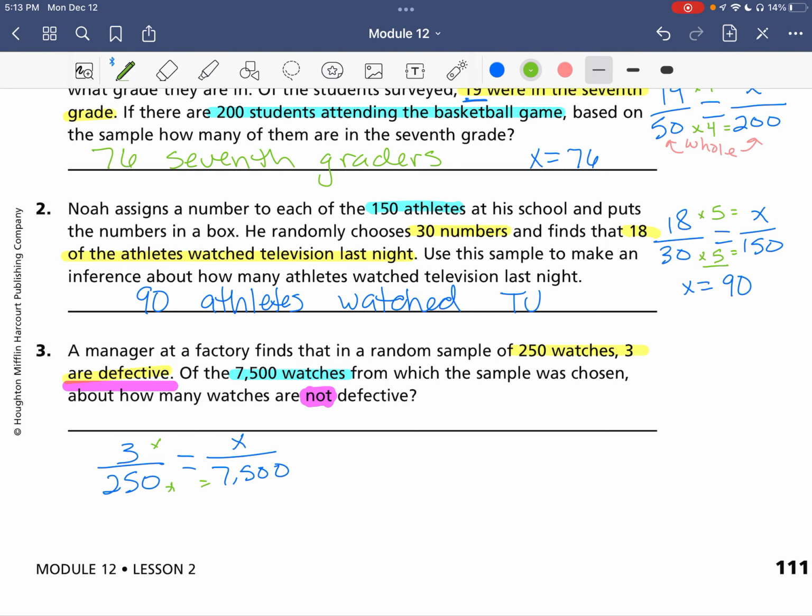You could try and do this method: 250 times what gets 7,500. What you do to the bottom, you do to the top. However, that doesn't always work, so it's good to know how to use your cross product. So we're going to do 250 times x equals 3 times 7,500. Pause your video. What is that going to equal? Unpause it when you're down to that answer.